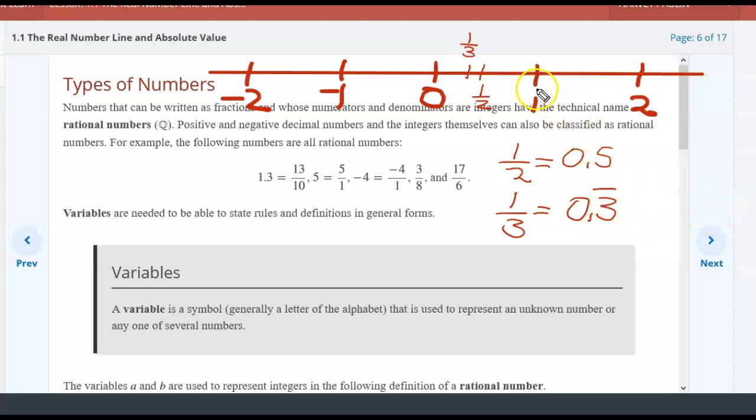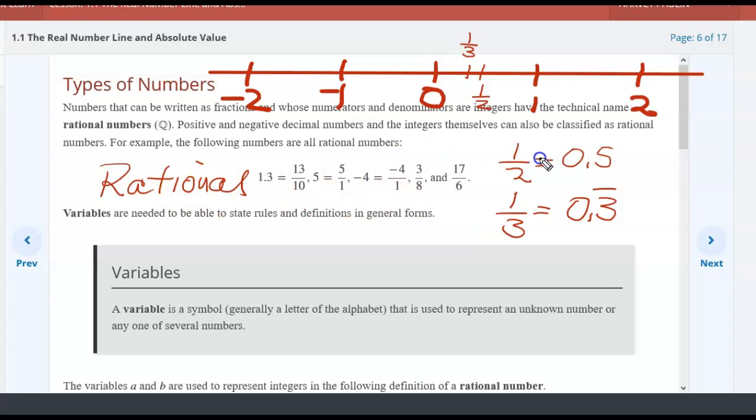Now, along with the natural numbers, the whole numbers, the integers, we've now introduced numbers between that, and these, along with these other numbers, are called rational numbers. This is the set of rational numbers. Now, what are the rational numbers?